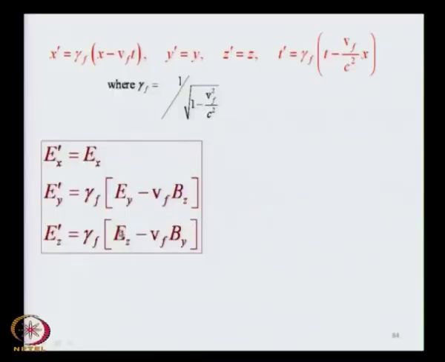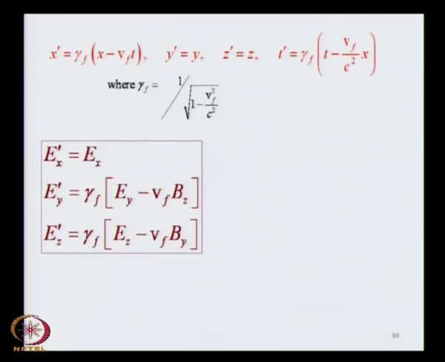Likewise, Ez prime is not the same as Ez, but it is a mix of Ez and By. The mixing coefficient is this velocity, and on top of it there is a scaling factor which is this gamma.